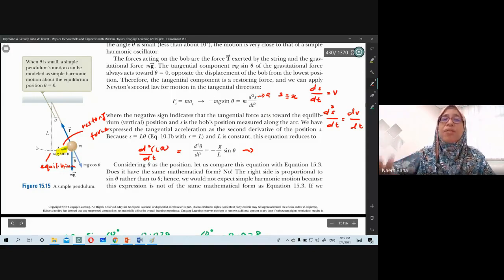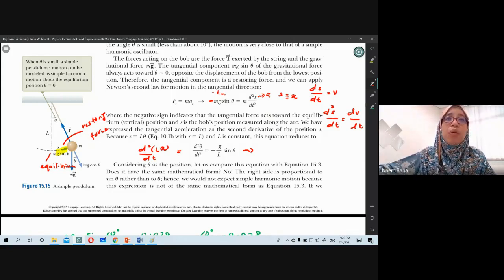Therefore this is the restoring force. Previously in Hooke's law, kx is the restoring force. That's the reason there is a negative here, negative mg sine theta, replacing negative kx meant for the spring. So this one is meant for the pendulum.